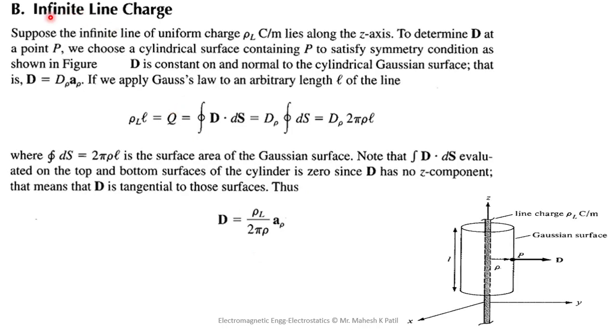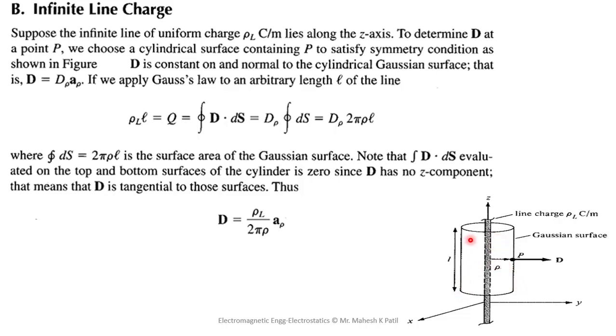The same D can be calculated for an infinite line charge configuration. So we can consider this line charge which is kept along the z axis, with line charge density value rho L, and you can consider a cylinder kept along this line charge vertically as shown in this figure.